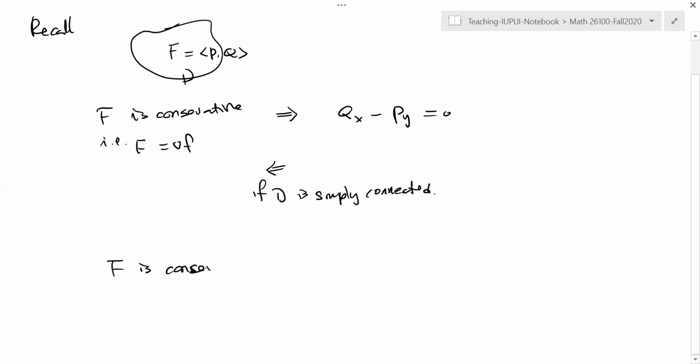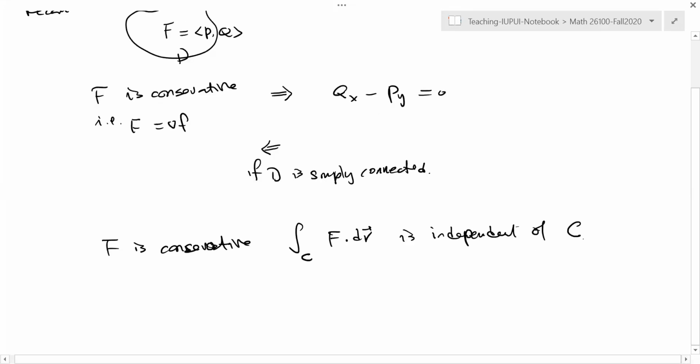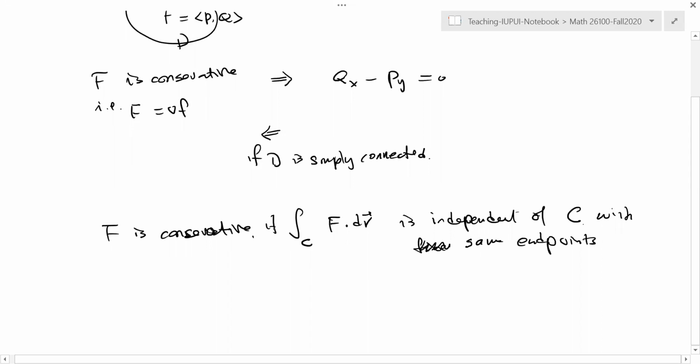The original definition is that the integral is independent of C. That means as long as they have the same starting point and the same ending point, the same endpoints, it is conservative.